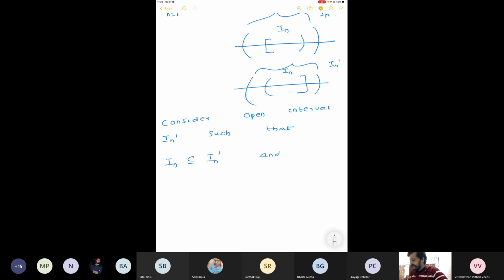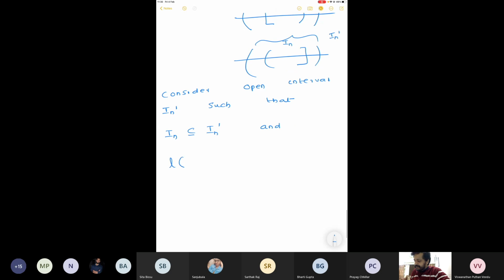Further, what I want is that the length of this larger open interval I_n' is equal to (1 plus epsilon) times the length of I_n, that is, the length of I_n plus epsilon times the length of I_n. Why is this needed? What is magical about this 1 plus epsilon? You will come to know.